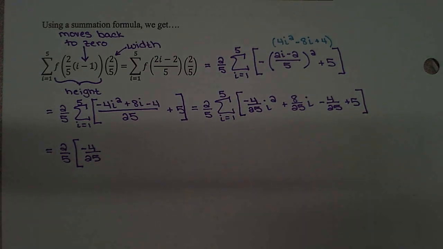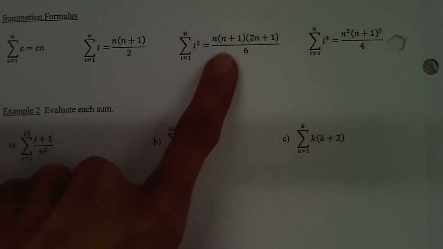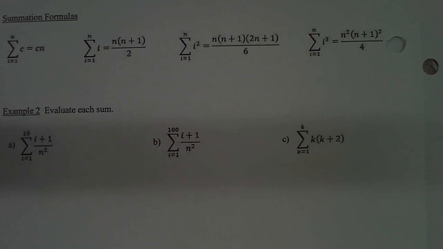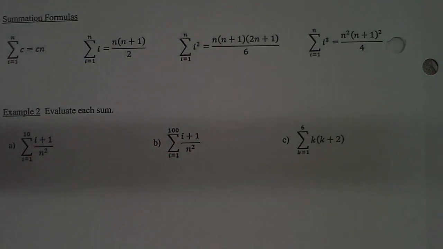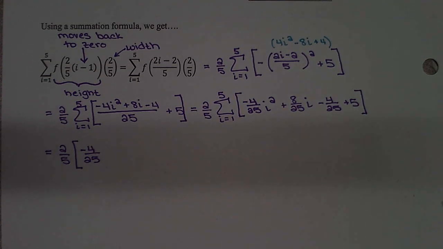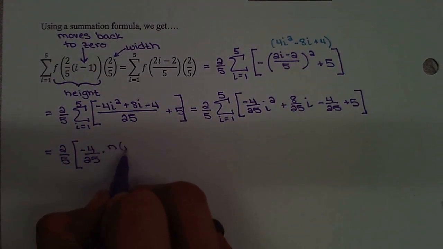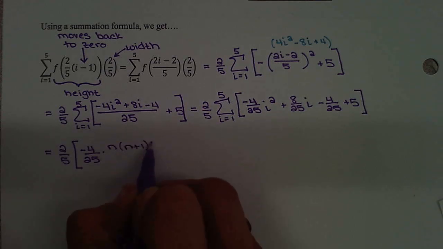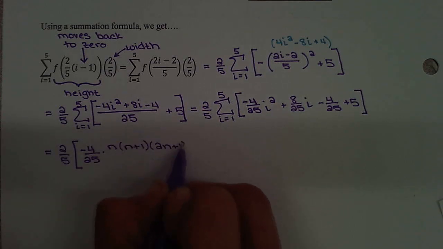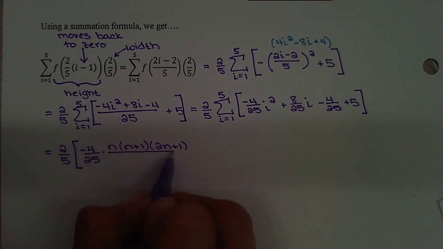From here, i squared is going to be n times n plus 1 times 2n plus 1 all over 6. So if we flip back and make that substitution, it was n plus 1, 2n plus 1 all over 6.